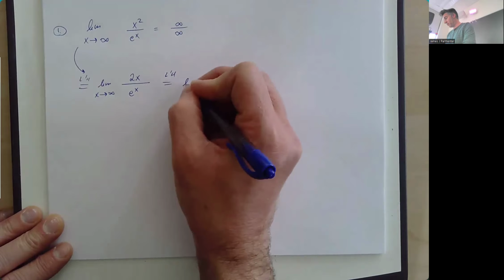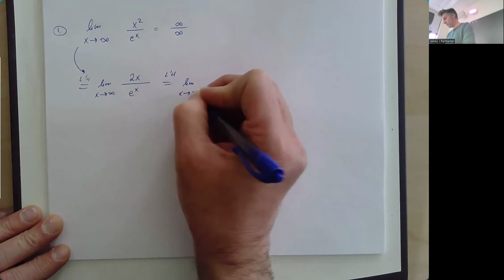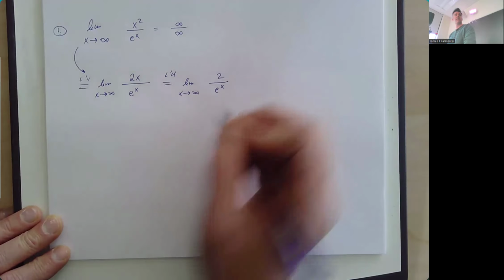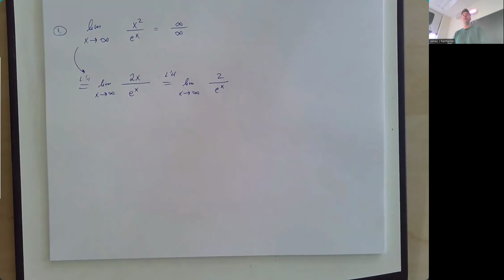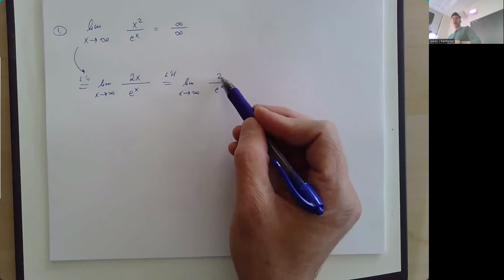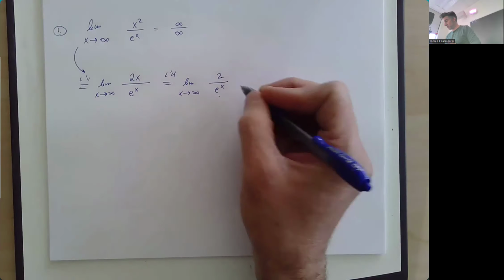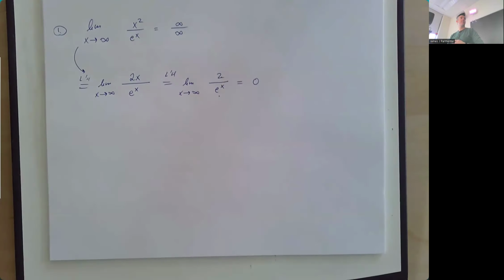And I get the limit as x goes to infinity of 2 over e to the x. And now it's not an indeterminate form. It's not infinity over infinity or 0 over 0. If I plug in infinity, on top I've got 2. On the bottom I've got infinity.